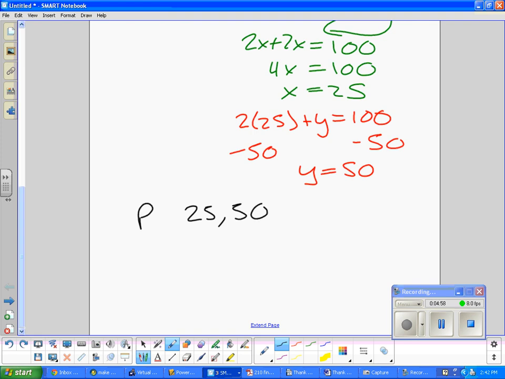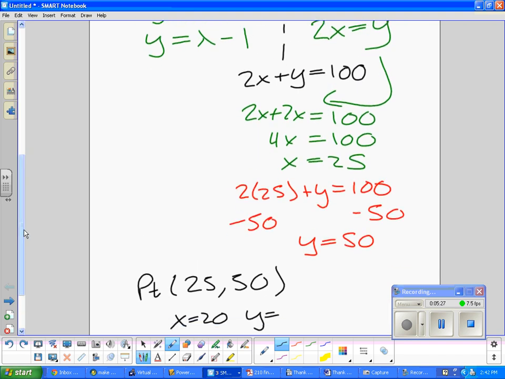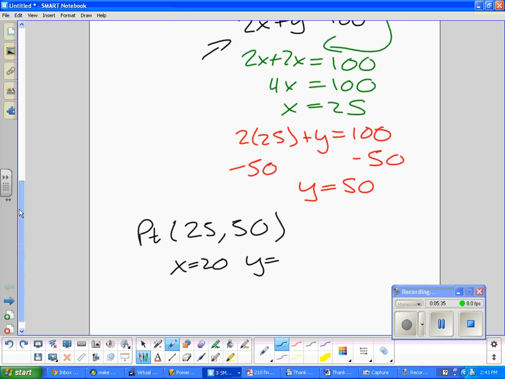Now, we're supposed to maximize it, and since there are no other critical points that we see, we could assume that it's a maximum, but we have a way to test it. We can test the points near it to determine whether it's a max or a min. We'll plug in something easy: x equals 20. Then y is 100 minus 2 times 20, which is 40, so y will be 60.